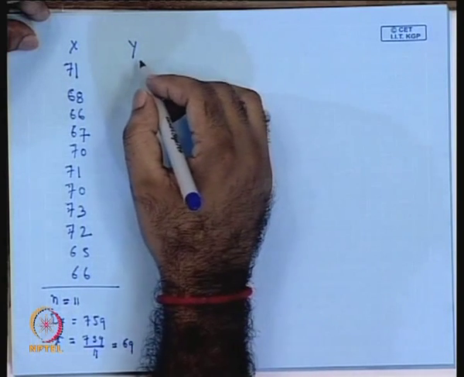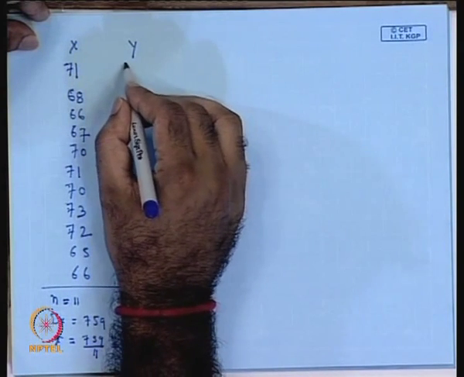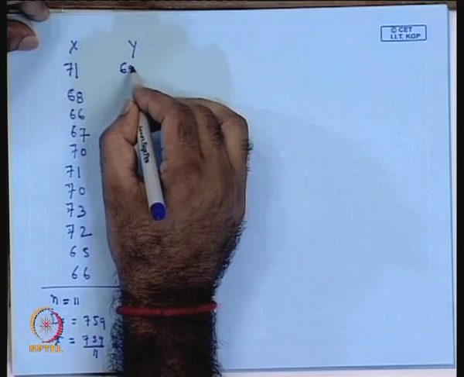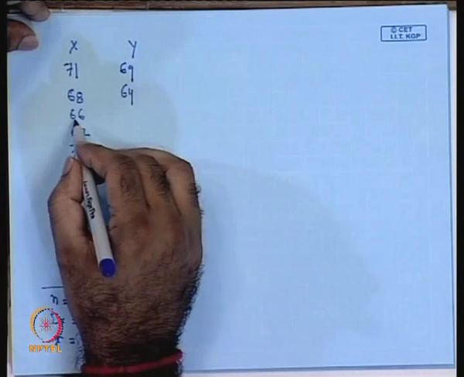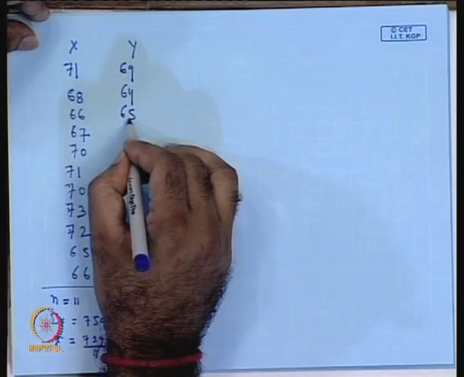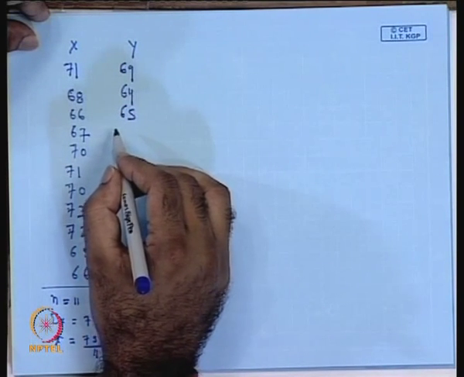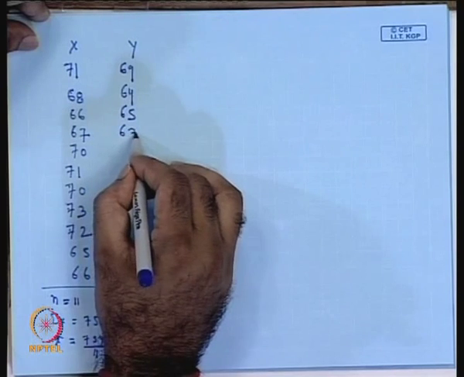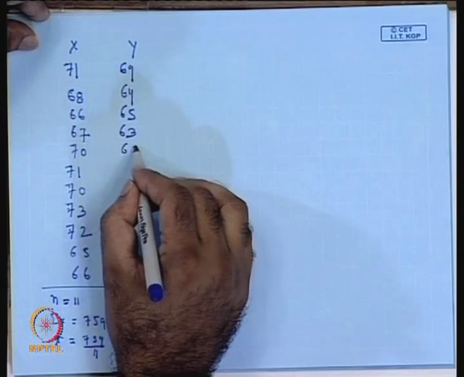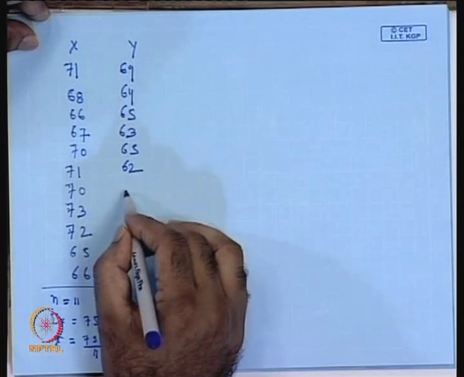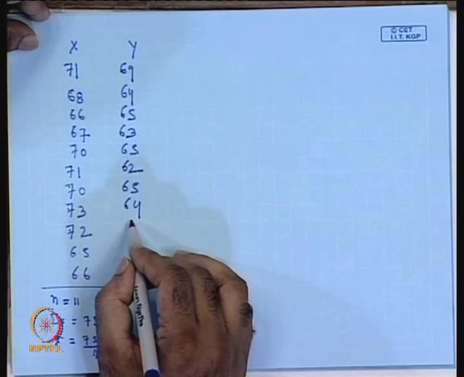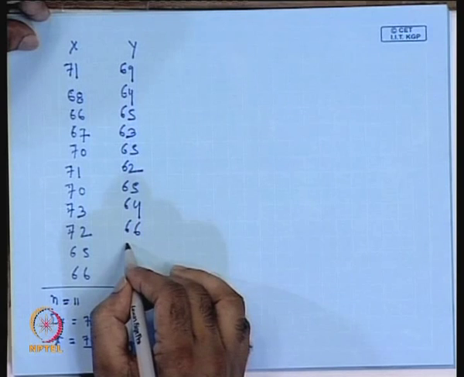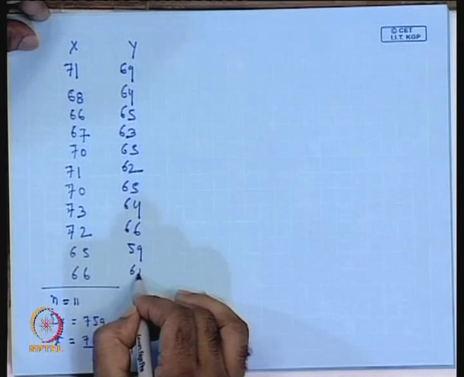Alright. So now come to the y structure. For x of 71, y is 69; for 68, y is 64; for 66 it is 65; for 67 it is 63; then 65, then 62, 65, 64, then 66, 59, then 62.